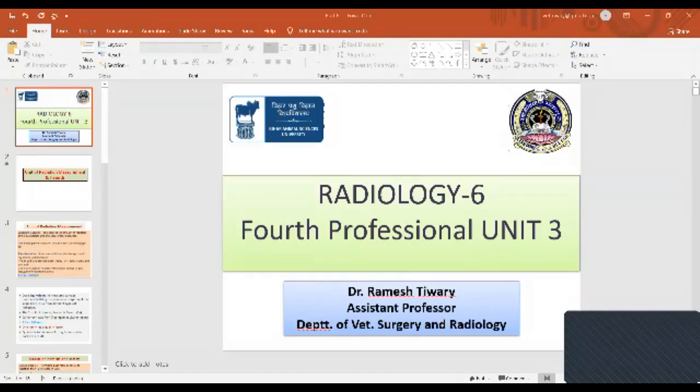And third one is radiotherapy: how this radiation is used for the treatment of cancer, and how cancer cells behave once irradiated with this radiation. So, one by one.